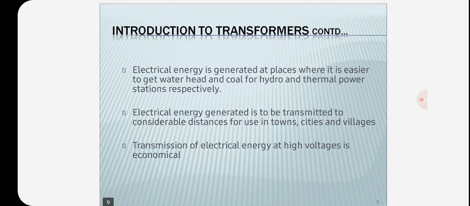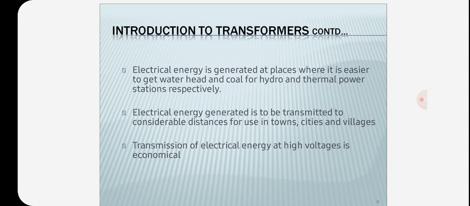The transformer is an electromagnetic device which transfers electrical energy or power from one electrical circuit to another electrical circuit without a change in the frequency.